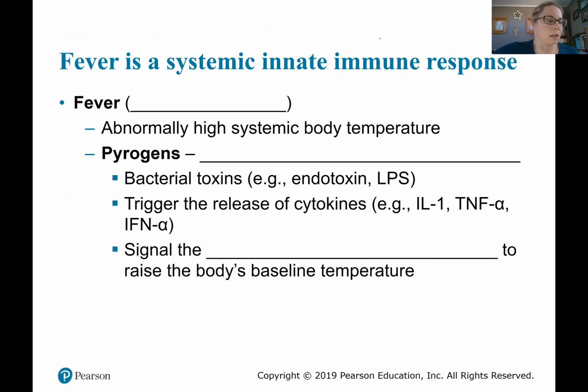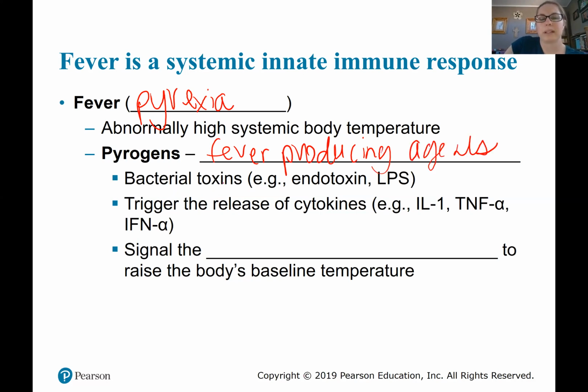Okay. I know this is taking forever, but the last topic for this chapter is going to be fever. Fever is also called pyrexia. And that's where your whole body system temperature is too high. It's going to be caused by a pyrogen or pyrogens, and these are fever-producing agents.